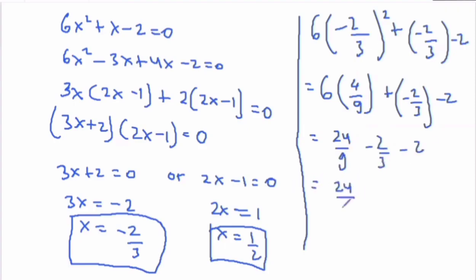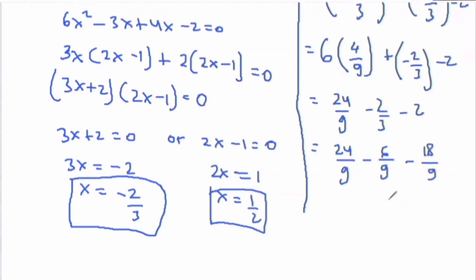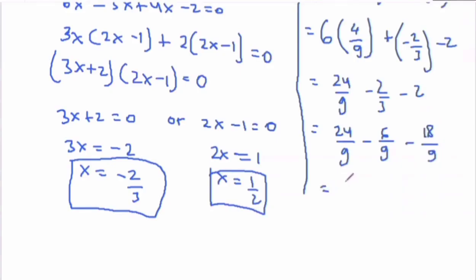We multiply the 3 by 3 to make 3 into 9, so 6 over 9, and the 2 over 1 becomes 18 over 9. Then 24 minus 6 minus 18 is 0 over 9, that is 0. Then x is equal to minus 2 over 3 is a solution of this equation.